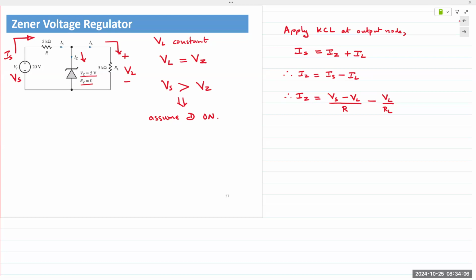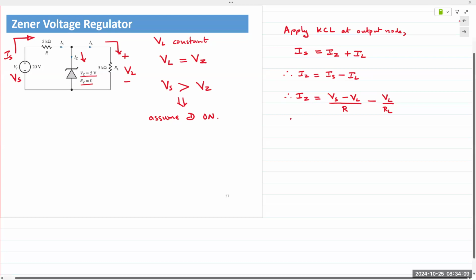So here we plug in the values and we obtain IZ as 20 minus 5 divided by 5,000 minus 5,000. This gives us a value of IZ as 2 milliamps.